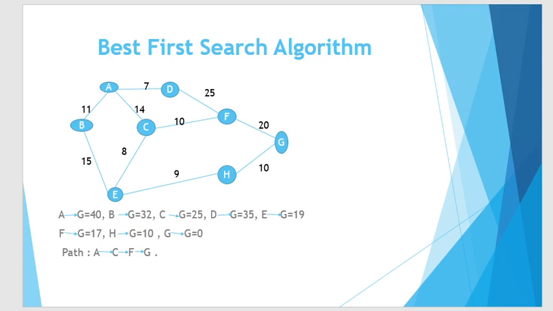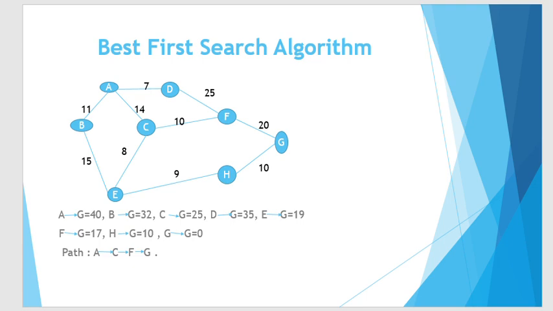B and D are already there in the memory, but now we have to explore C. Based on the heuristic value, C is going to E and F, or A. C is connected with all of these.